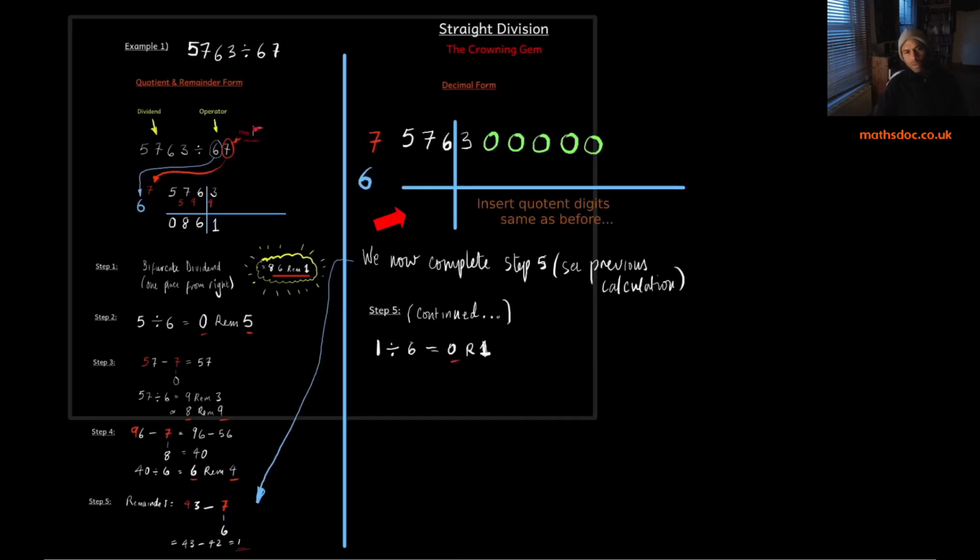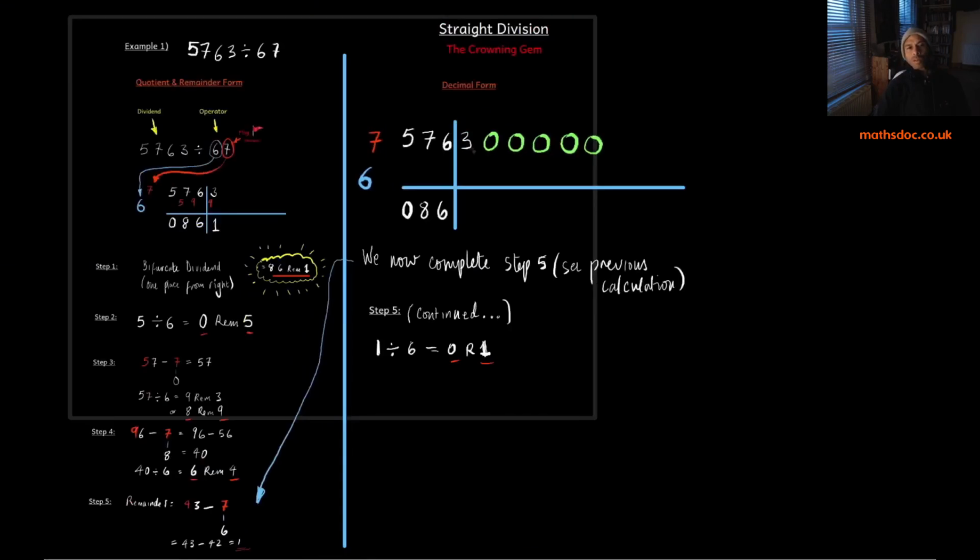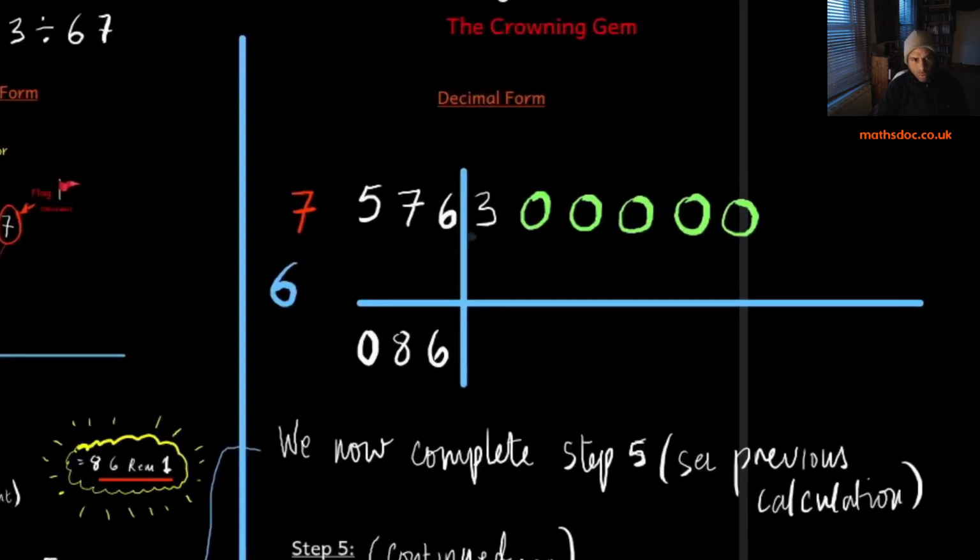Now what we need to do as well is put in the 86 here on the left-hand side. We need to put the 86 there, and we need to prepend the 4 to the 3 as well, so that's what we're doing right now. 86, and I'm going to put the 4 in red.